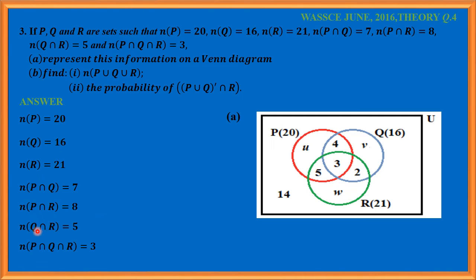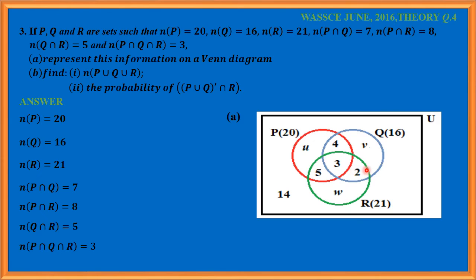We also have Q intersection R, the green circle and blue circle intersection, which represents this portion. Since here is already 3, plus 2 now gives us the 5.